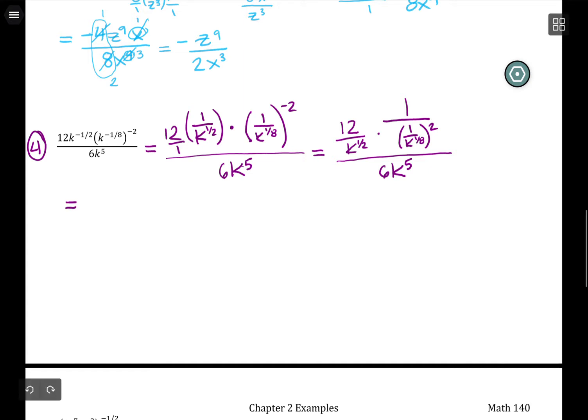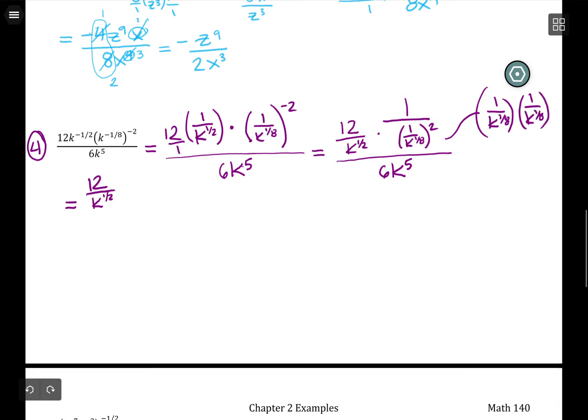Okay, so let's keep working on it. 12 over k to the 1/2, I'm just going to leave alone for a little bit longer. I'm going to go ahead and get rid of the parentheses. I have 1 over k to the 1/8 squared, which is the same, two ways to think about it, as 1 over k to the 1/8 times itself.